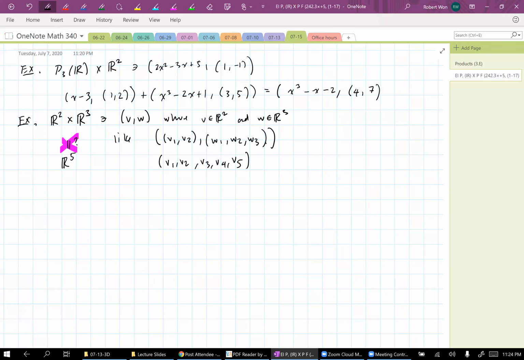We shouldn't be discussing equality, but we learned that what we should be discussing is a concept of isomorphism. There's an isomorphism between these two vector spaces. So R2 cross R3 is isomorphic to R5. And remember, that just means that there exists a bijective linear transformation between them.